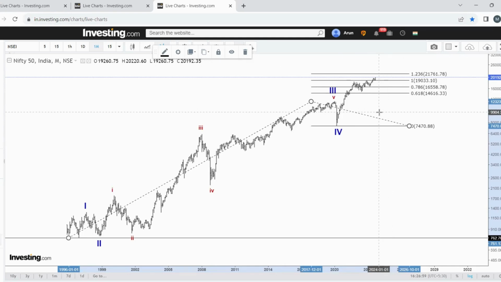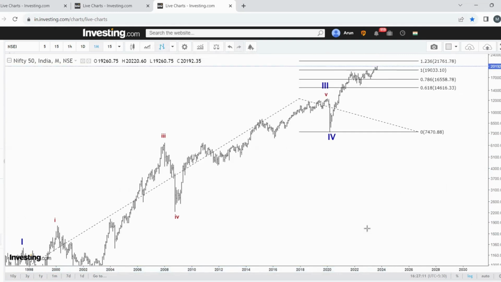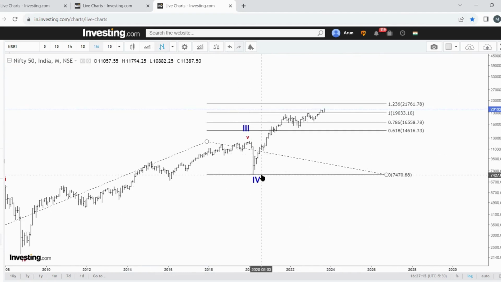As I always say, while analyzing, better have two options. So in fifth wave, this is 1, this is 2, and we are moving in third wave.